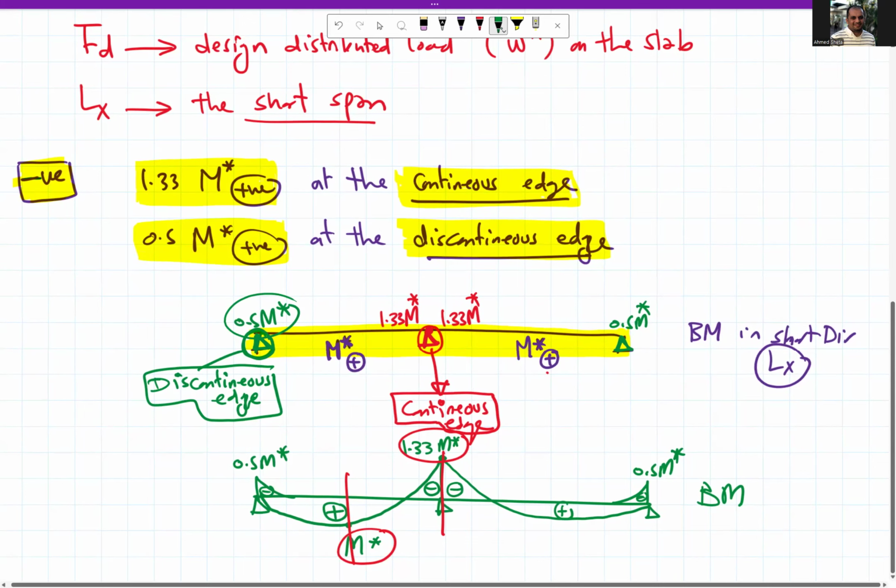So if we draw the bending moment, at midspan it is M positive, on the support it is 1.33 M* because this is a continuous edge, and on this edge it is 0.5 M* because this edge is discontinuous.